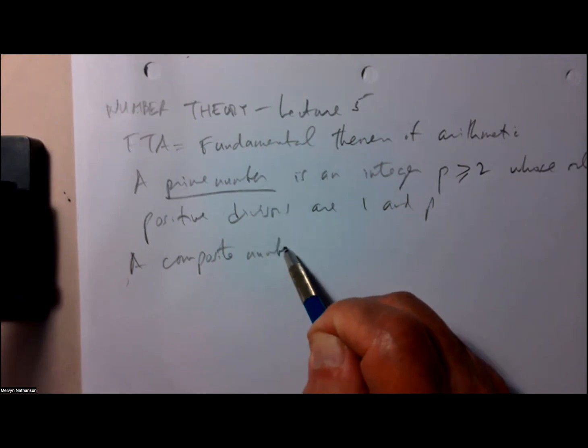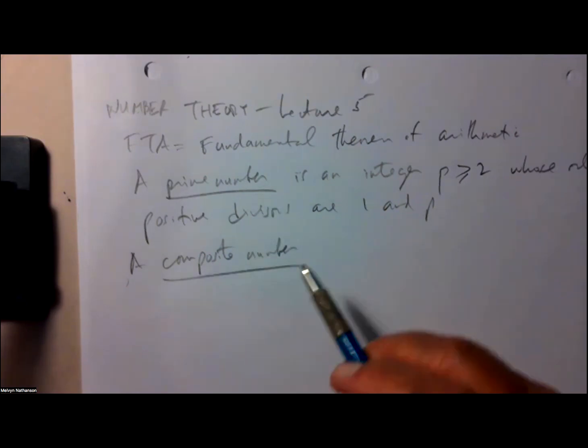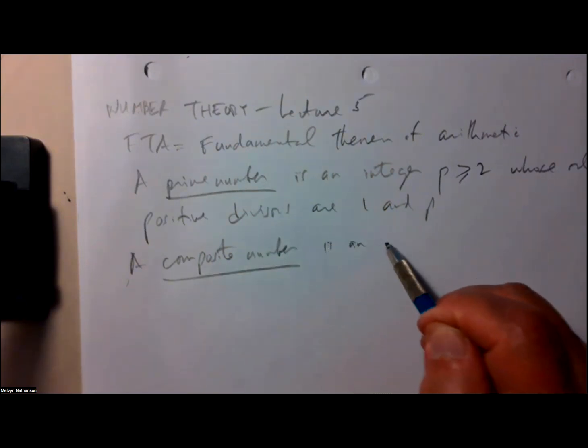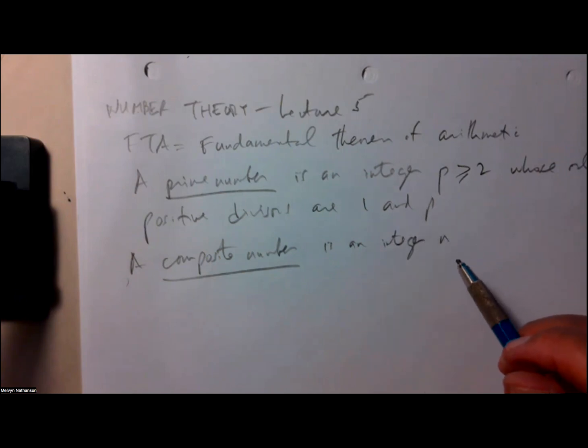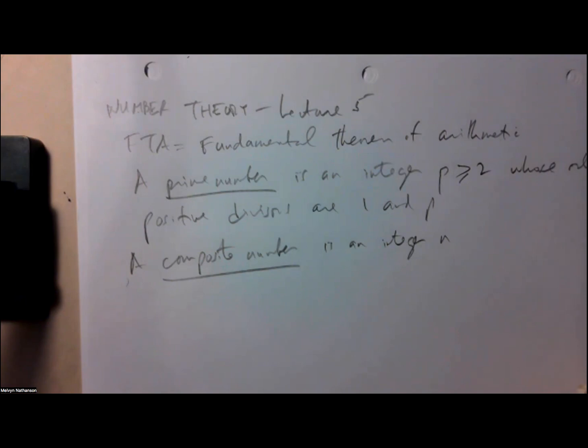And a composite number is an integer n, and it doesn't really matter whether I say n is positive or just any integer. I'm kind of curious how I defined it in the text. Let's see.